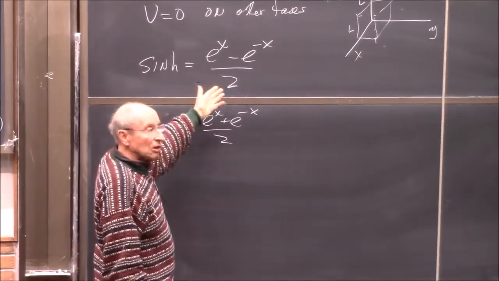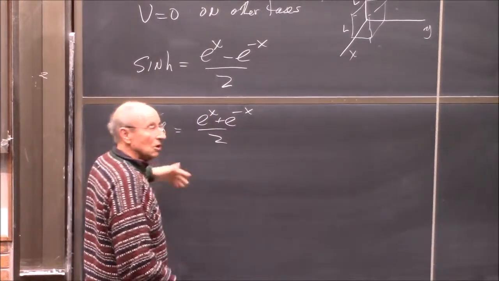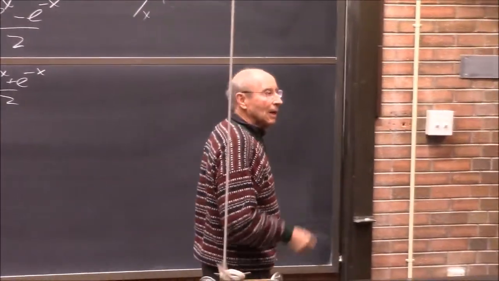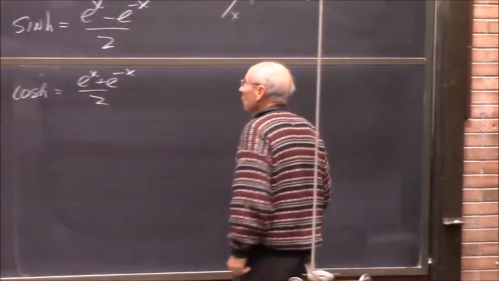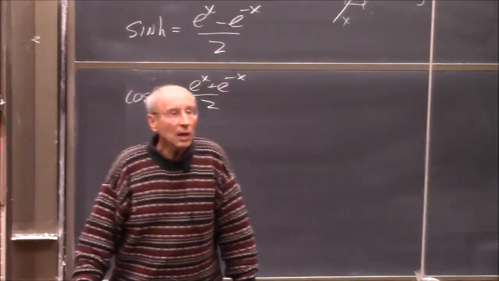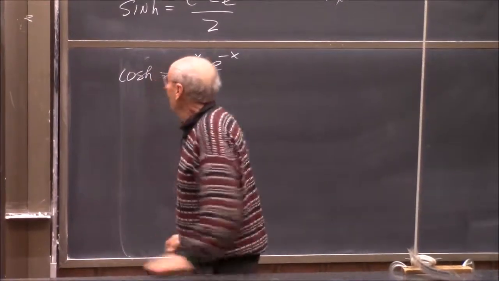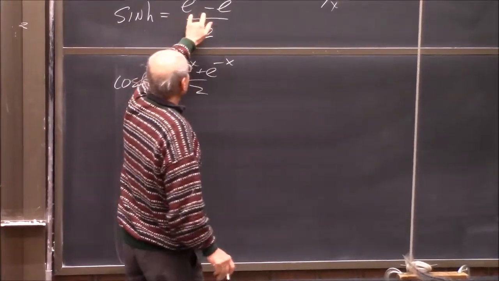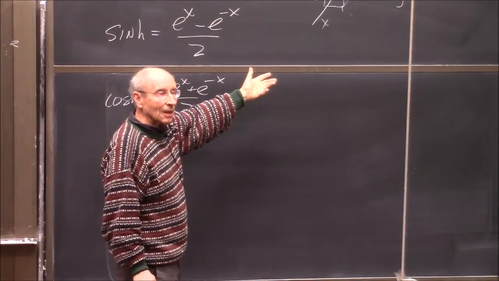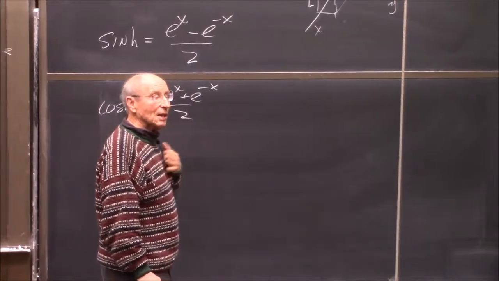Those are just linear combinations of e to the x and e to the minus x, so I can use those just as well. But this is the right combination to use because I need to make the function 0 at x equals 0. And in order to do that, I need to have equal numbers of e to the x's and e to the minus x's, so they'll cancel out.